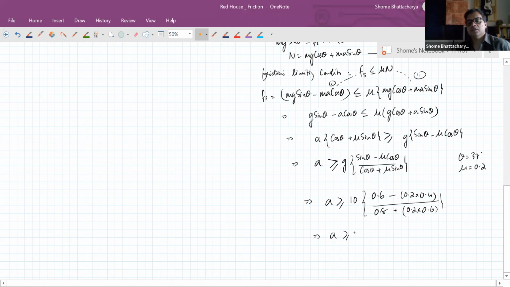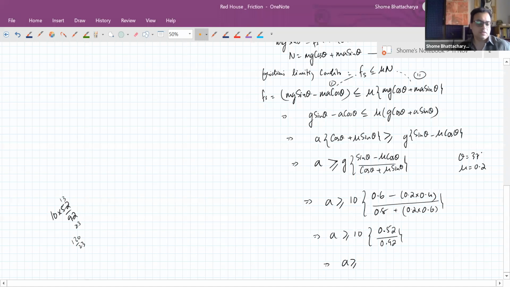So a is greater than or equal to 10 into 0.6 minus 0.16, so that is 0.44, divided by 0.8 plus 0.12, so that is 0.92. If you calculate this, it's 10 into 52 by 92, so 130 by 23.